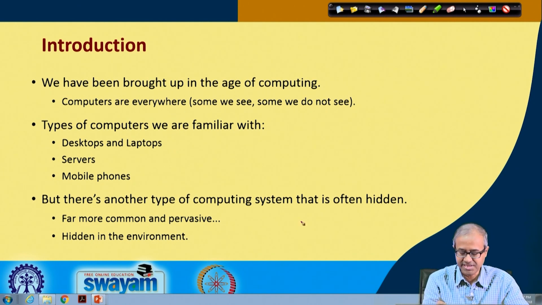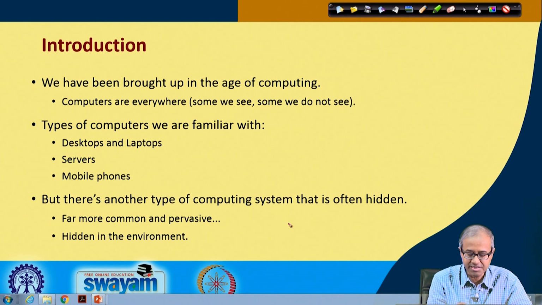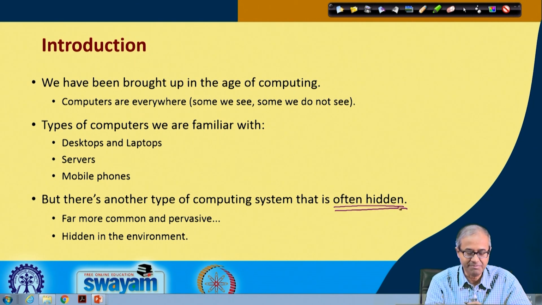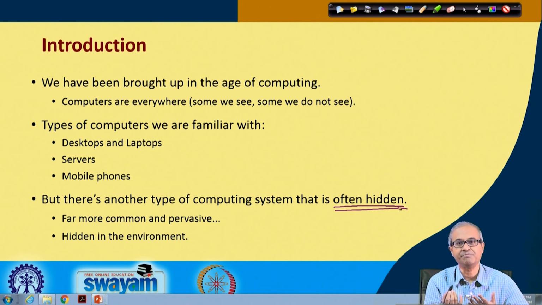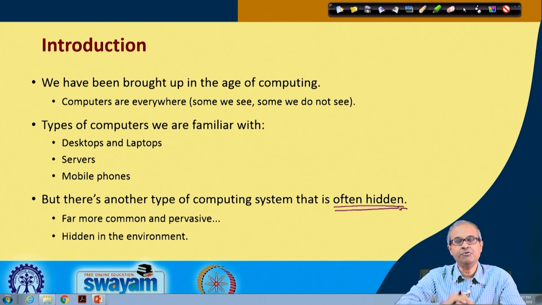But there is another kind of computing system that is often hidden from us. Hidden means we cannot see those computing systems. We know a desktop can compute, a laptop can compute, a mobile phone can also compute in some sense. But if you look at our refrigerator or our air conditioning machine, do they look like a computing machine?